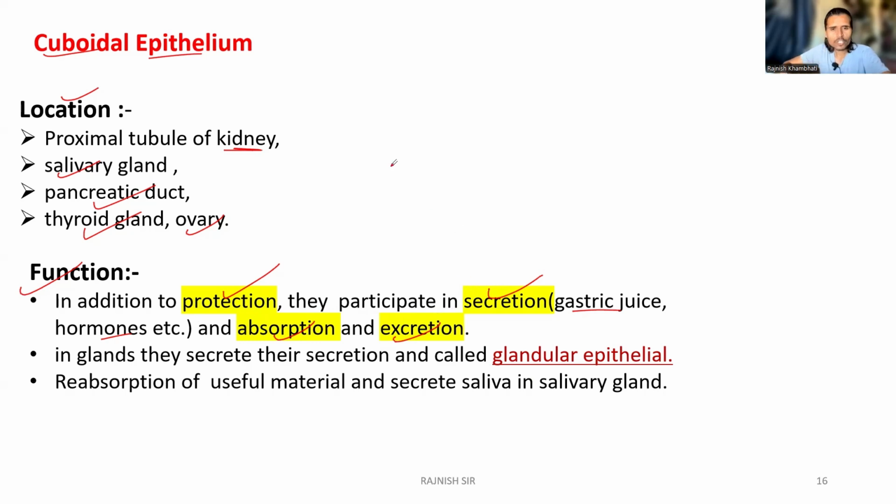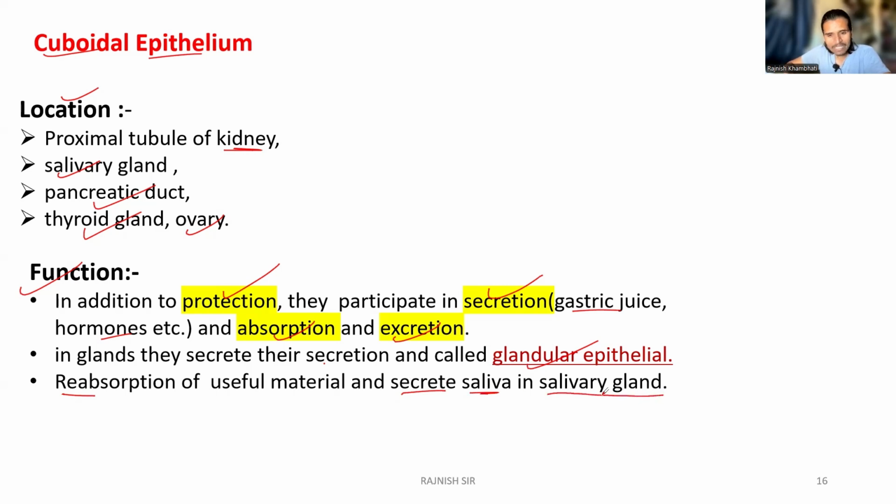These cuboidal epithelium tissues sometimes form the gland, okay? And they secrete something. In such a case, they are known as glandular epithelial tissue. Why glandular? Because they make the gland, and the gland secretes something. And reabsorption of useful material and secrete saliva in the salivary gland.